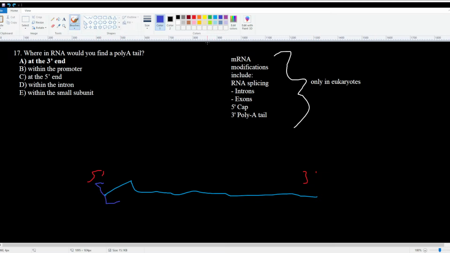And the 3' tail, the poly A tail, is made of multiple adenyl groups, the same A as in A, T, C, and G. These don't code for anything.